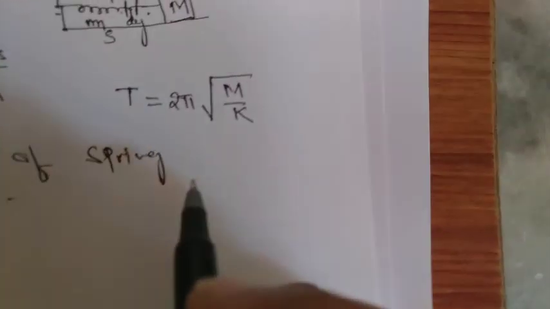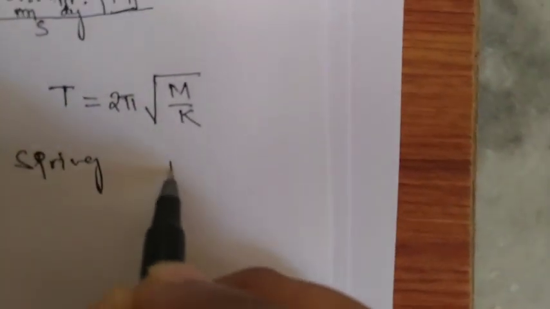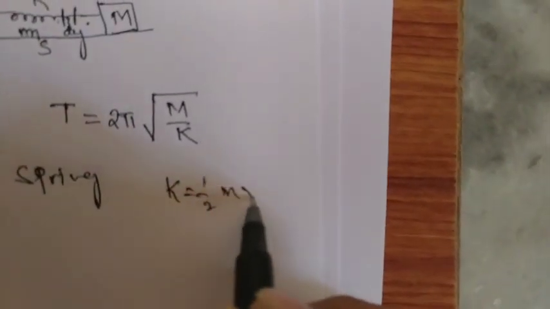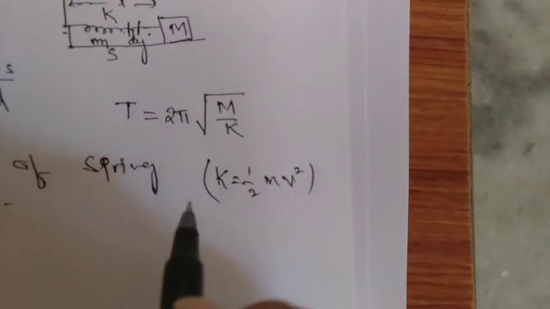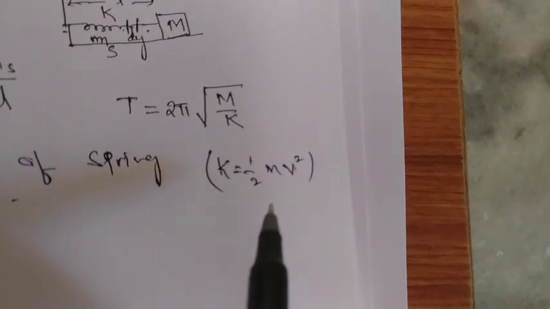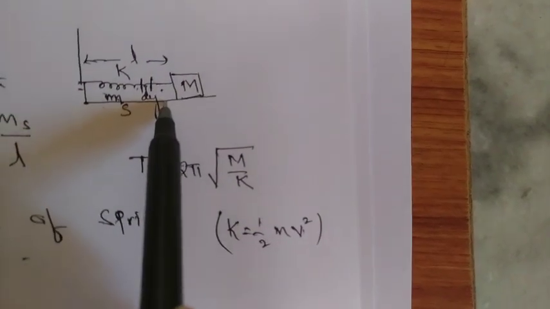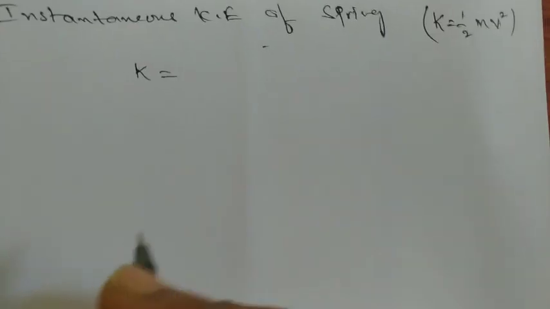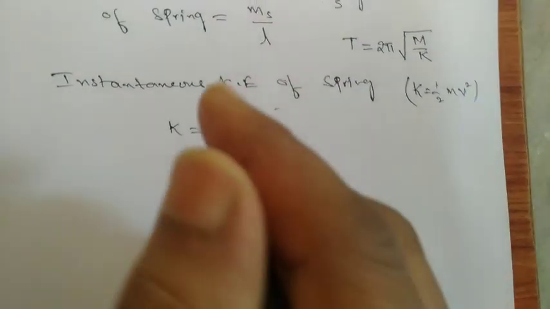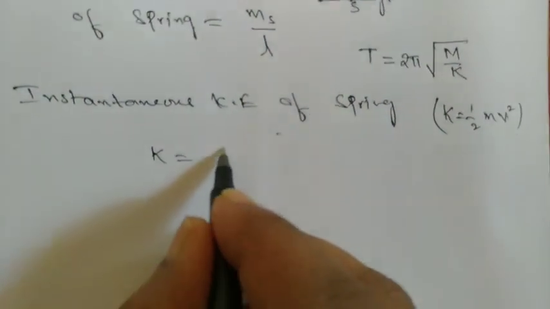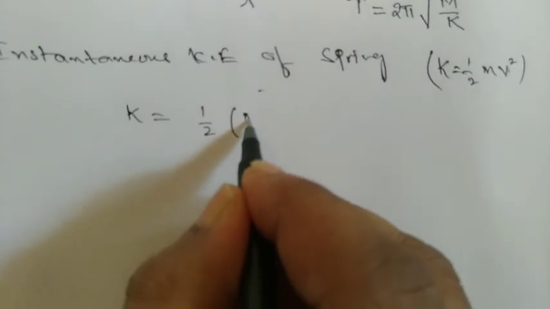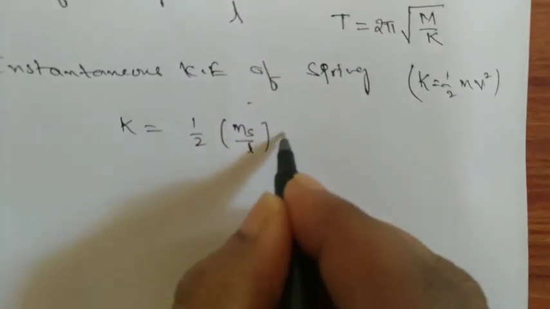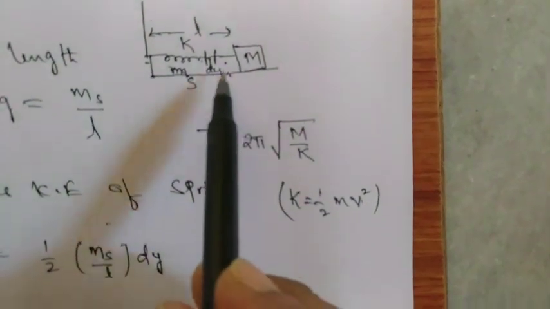The kinetic energy expression we already know: K equals half m v square is the general expression for kinetic energy, where m is the mass of the system, here the mass of the spring. So the kinetic energy of the spring, K equals half of the mass per unit length, m by L, into dy. dy is the mass of this portion.